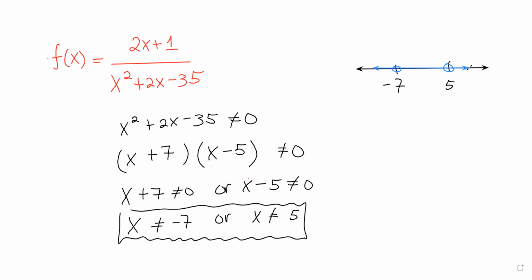Well, that gives a great visual interpretation, but how would I express this in interval notation? Well, from negative infinity to negative 7, also the shaded region between those two numbers, negative 7 to 5, also 5 to infinity.